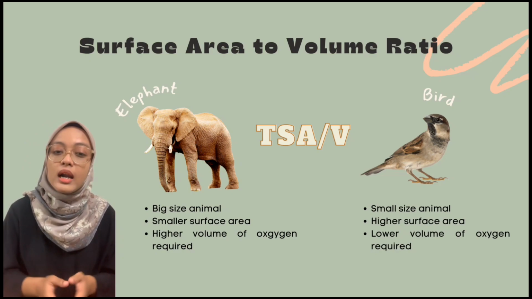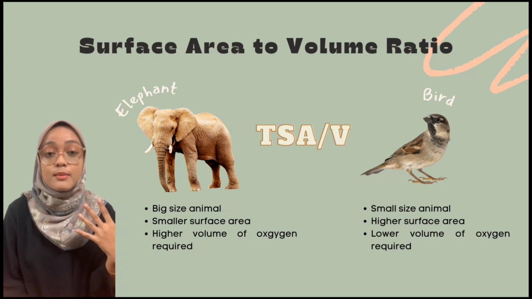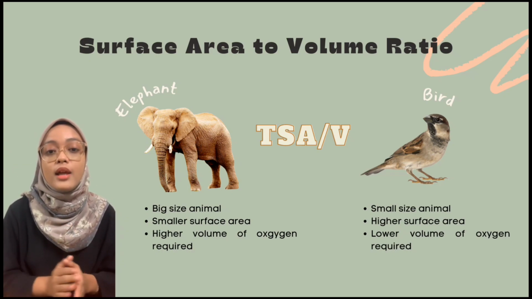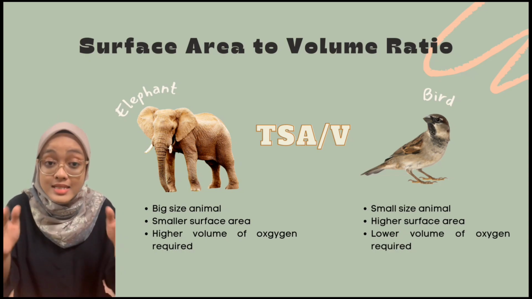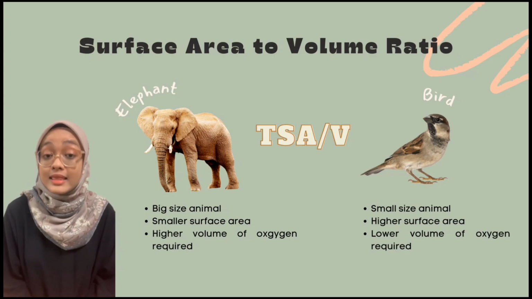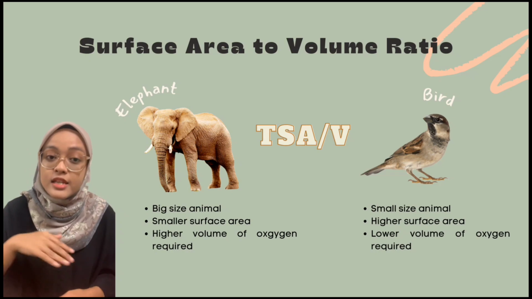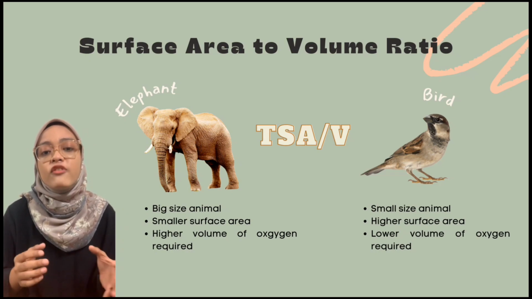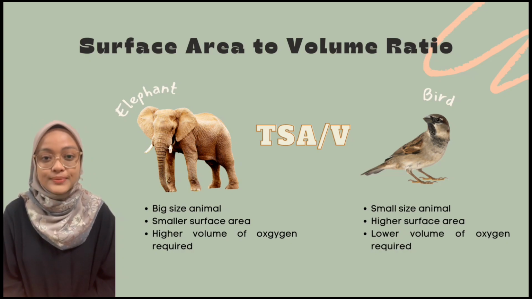This means that for large and complex organisms like us, humans, and also big animals such as elephants, the volume in the body that requires oxygen increases more than its total surface area. Thus, they cannot rely on diffusion through body surface for gases exchange. Instead, they need efficient respiratory structures for gases exchange.